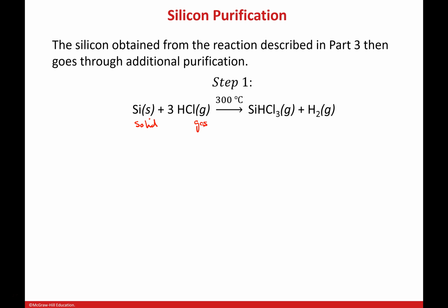Just for kicks, because we're on a roll. What is the oxidation number of Si? 0. Very good. And for the next one, do you remember a few slides ago, what is hydrogen usually? What's its oxidation number usually? It's usually +1. I'll go with +1 there. If it's a +1, what's that Cl? -1.